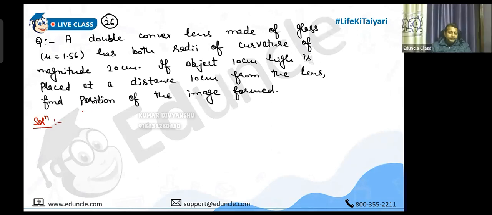Please solve this. So you can actually make use of the lens maker's formula because mu is given and radii of curvature are given.